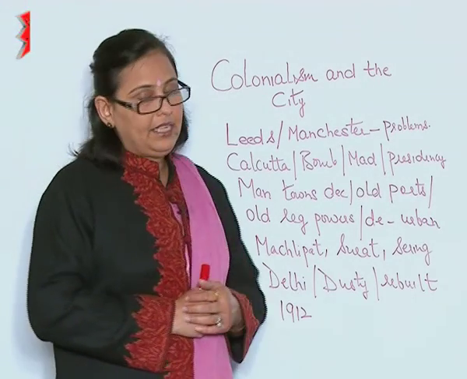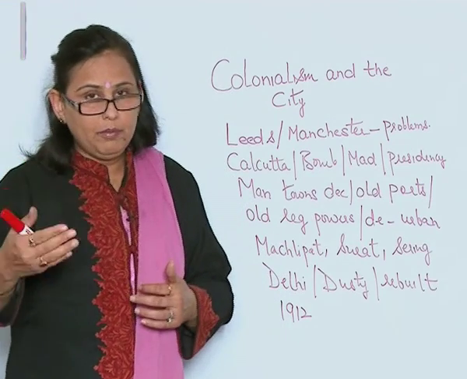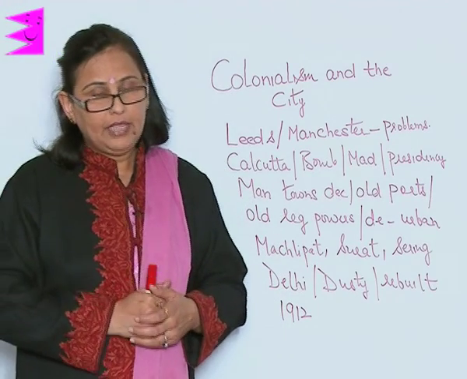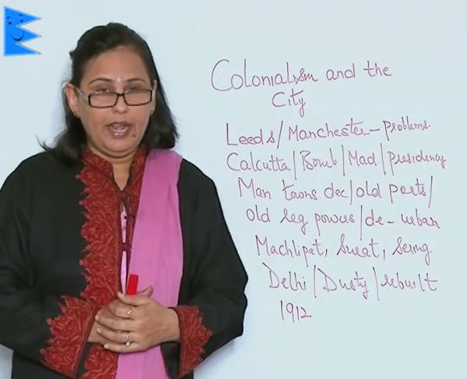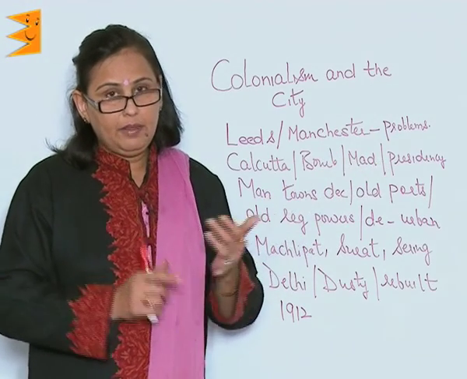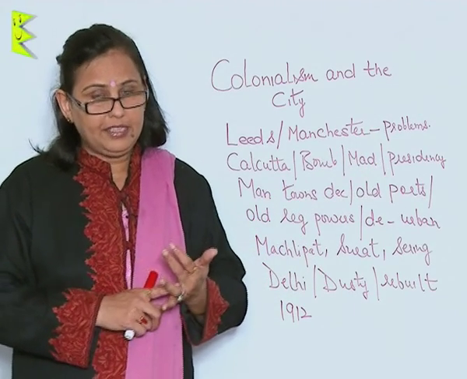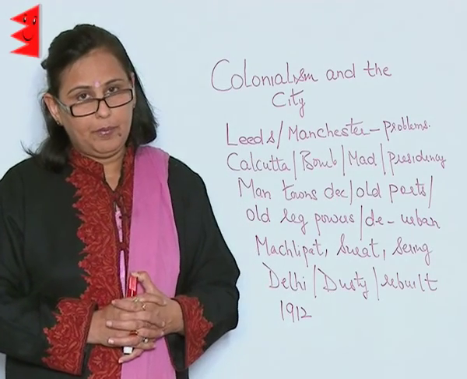And here we see that since industrialization started, the problems also emerged. That is, many people from the rural areas moved towards these cities, and here the problem of housing, sanitation and such things started cropping up.